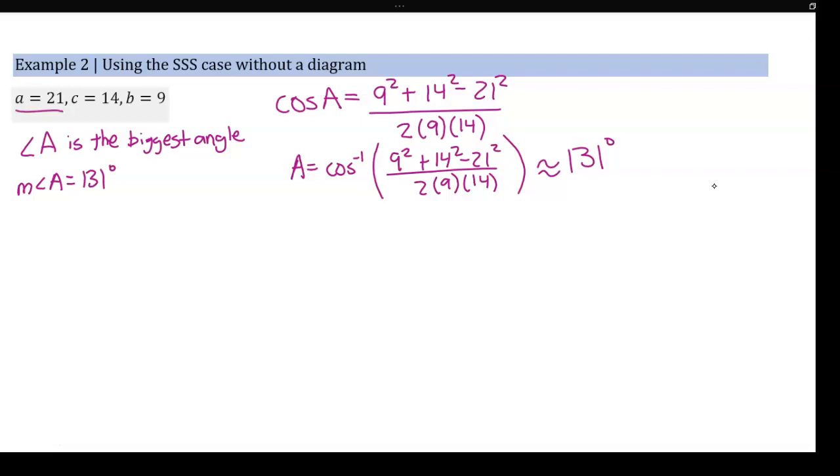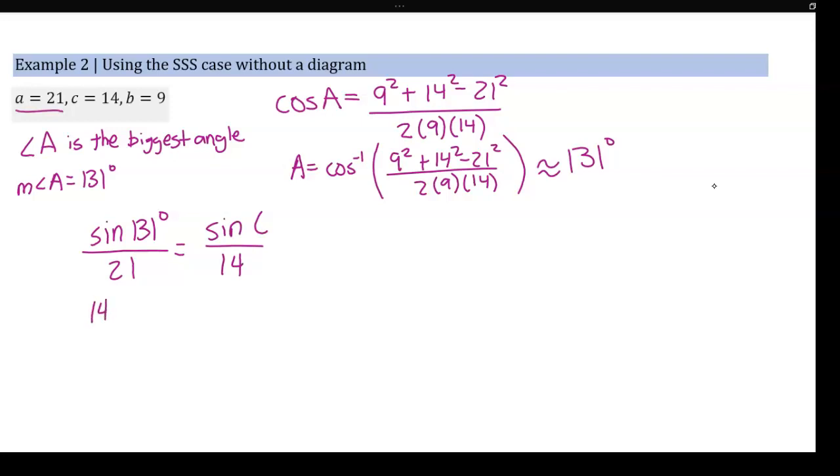And so now in the law of sines, we know everything that has to do with angle A. So now we can solve for maybe angle C. So the sine of 131 degrees divided by A, which is 21, is going to equal the sine of C divided by 14.